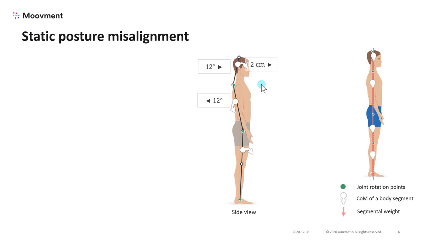However, if the hips go slightly forwards and the shoulders go backwards and the head goes forwards, then they're not in an efficient position any longer. There is in fact a tendency for the leg to rotate around the ankle joint. There is a tendency for the trunk to rotate around the hip joint. And there's a tendency for the neck and head to rotate around the base of the neck.